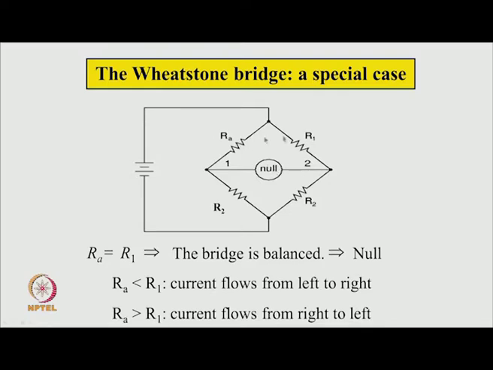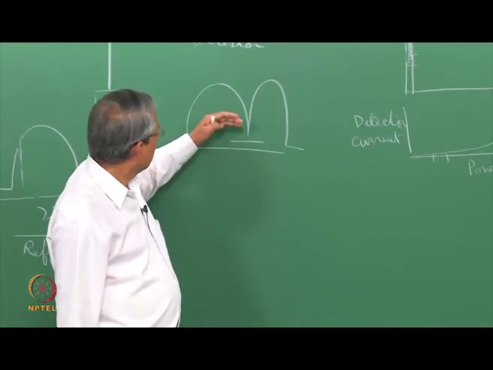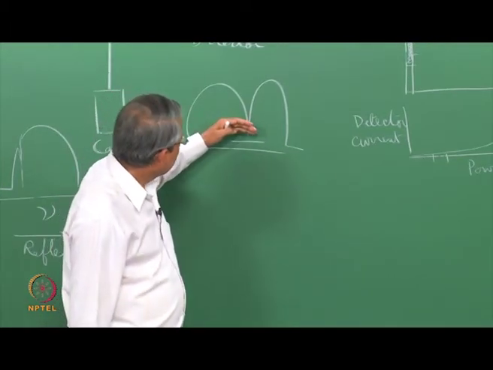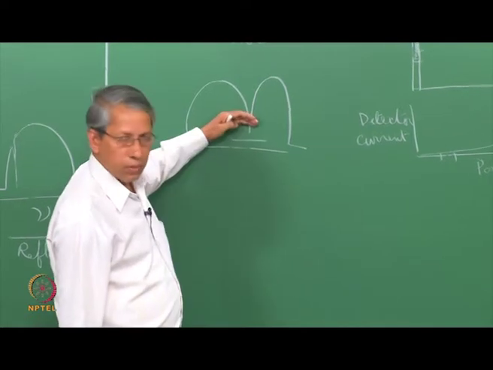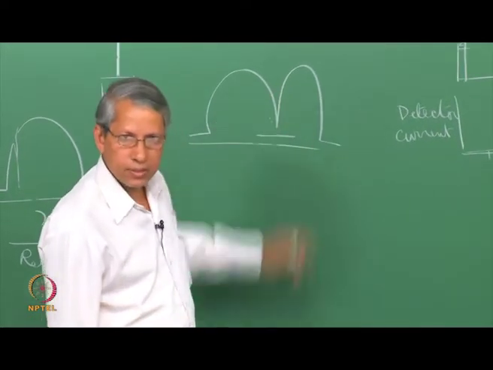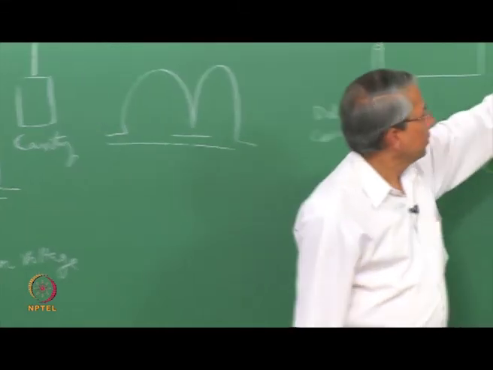Now, if Ra is less than R1, the current will flow from left to right, and if Ra is greater than R1, the current flows from right to left. So, the direction of current is exactly opposite depending upon whether this is more than this or less than this. In a similar fashion, when the bridge is balanced in a slightly overcoupled or undercoupled condition, the phase of the microwave changes exactly by 180 degrees in this fashion here.